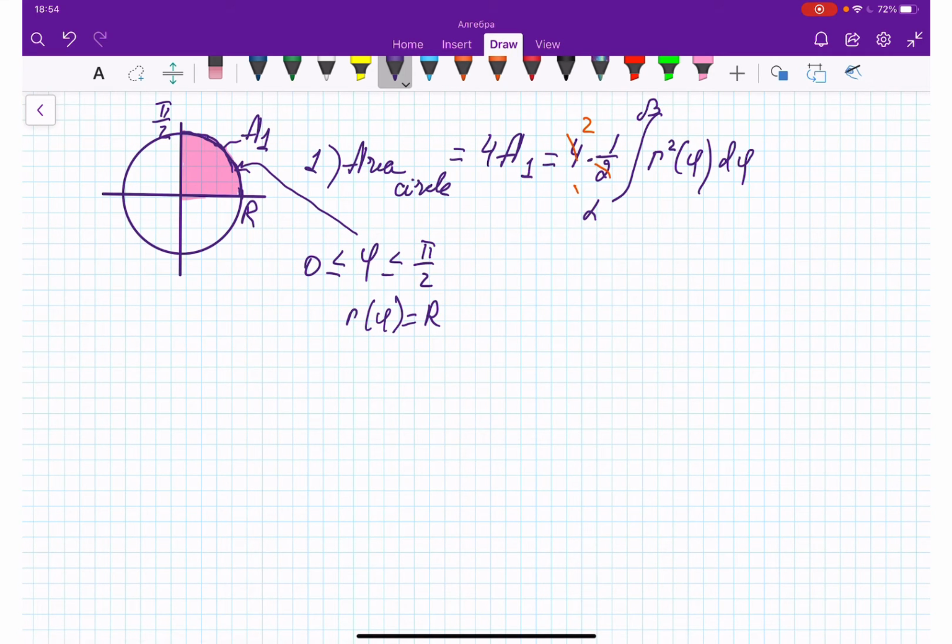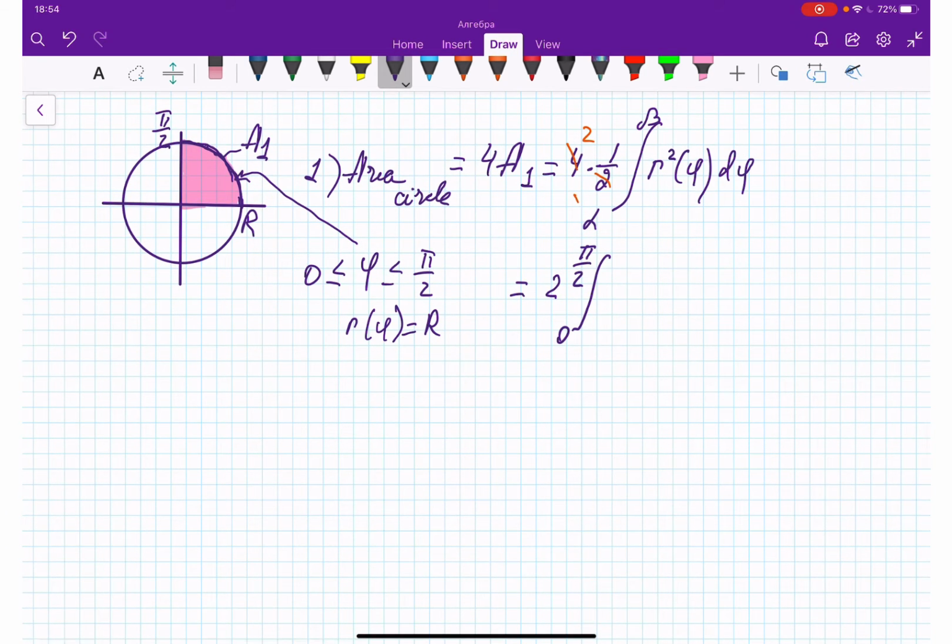Therefore, we can rewrite this. So alpha is going to be represented as 0, and beta is going to be represented by 1/2 of pi, right? And instead of lowercase r squared of phi, we will have uppercase r squared d phi.